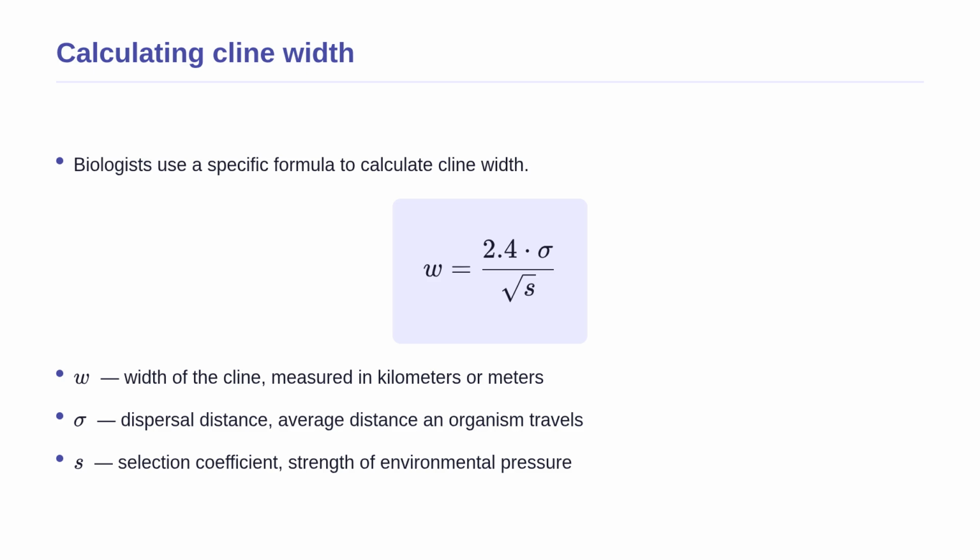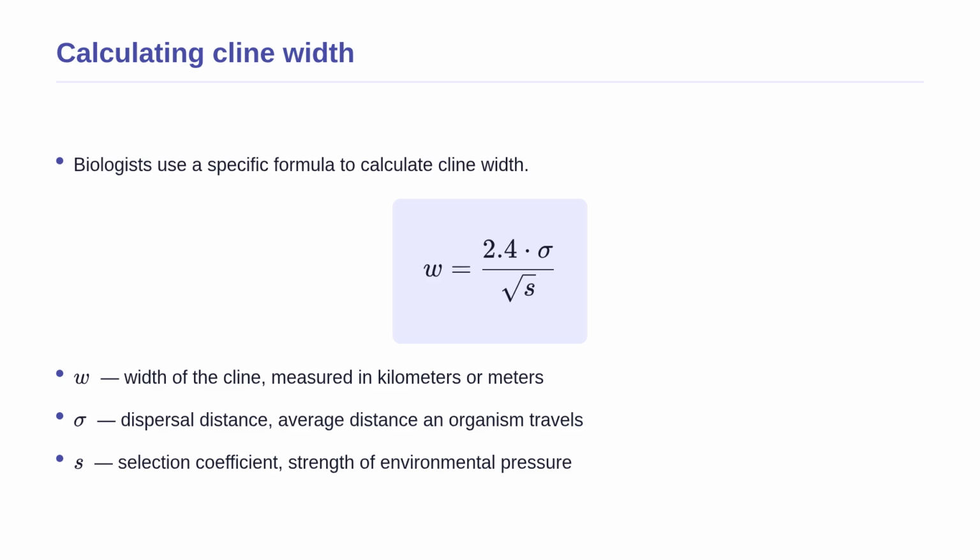The symbol sigma represents the dispersal distance, which is the average distance an individual organism travels from its birthplace to where it reproduces. The variable S represents the selection coefficient, which measures how strongly the environment is favoring or punishing a specific trait. The number 2.4 is a mathematical constant.